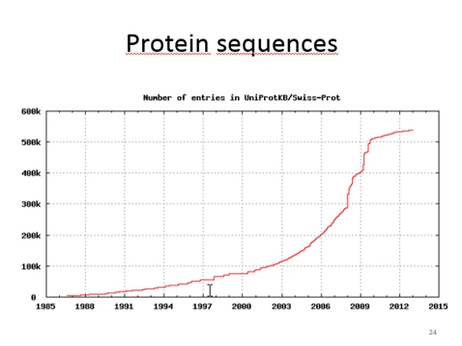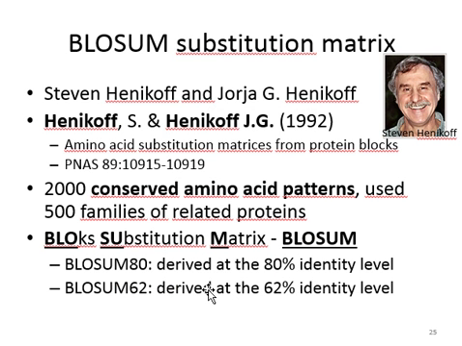There was a growing number of proteins available. So at a certain time in 1992, Henikoff and Henikoff developed a new kind of substitution matrix, the BLOSUM, based on blocks. Those substitutions are analyzed from the point of view of conserved patterns among families of proteins less related.